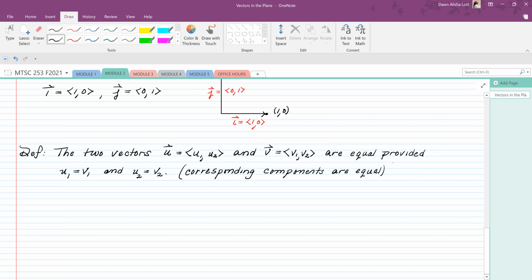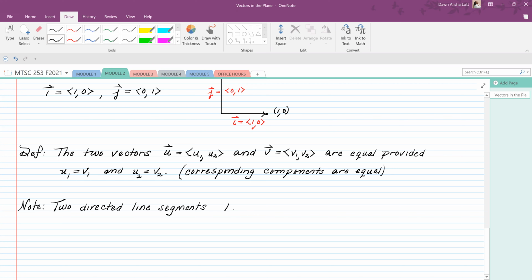Okay, so now two directed line segments. Now you're saying, why didn't I use the word vector? Because I really want to say two directed line segments.